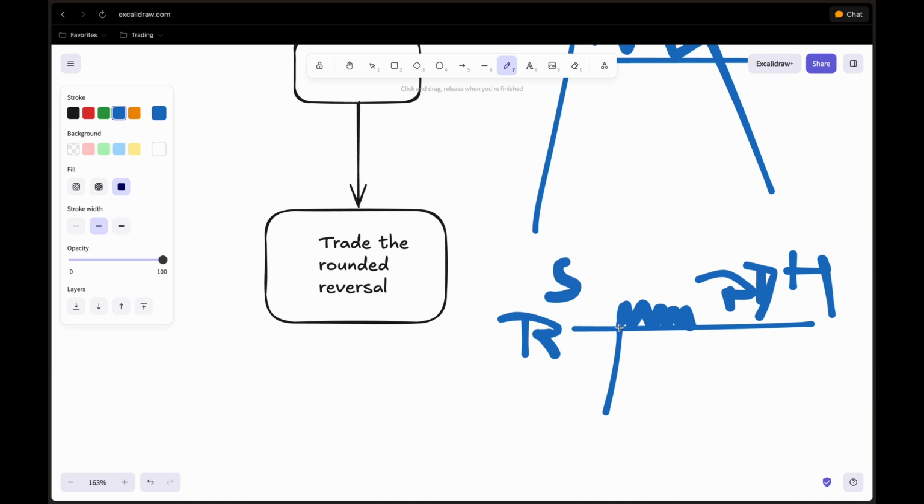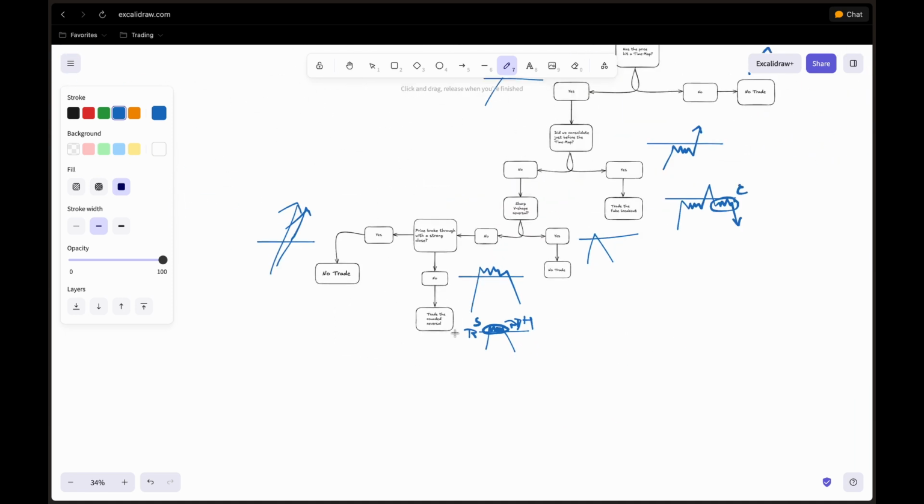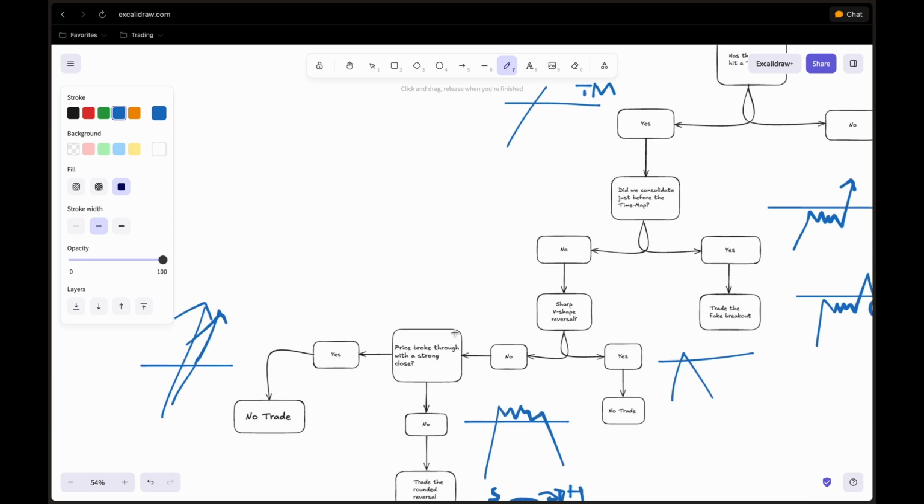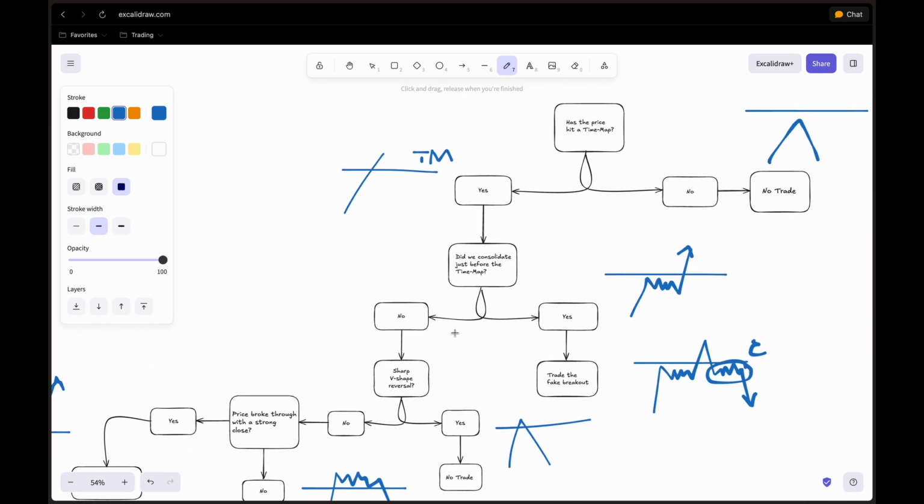So what you would do is trade the reversal from this support. From this level, this is like a rounded reversal, and you will find your entry here. You can use chart patterns or candlestick patterns like a pin bar or an engulfing candle to find your entry. Alright, so that is our entire flowchart of how to decide what you are going to do.